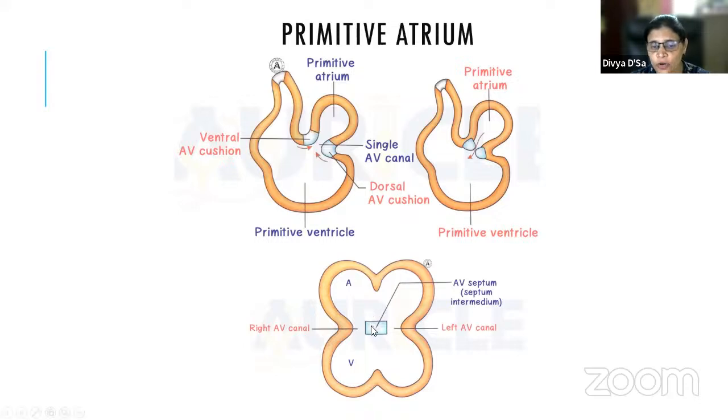So once this is formed, it divides the single heart into two chambers. That is, above will be the atrial chambers, below will be the ventricular chambers. So this will be the right atrioventricular canal, this will be the left atrioventricular canal. Once this is formed, the next step will be to separate the right and the left atrium.